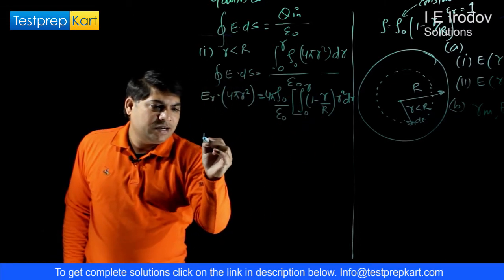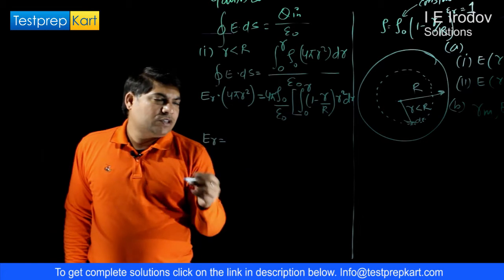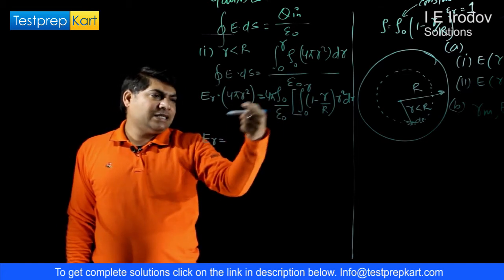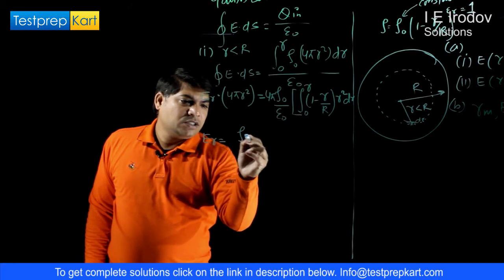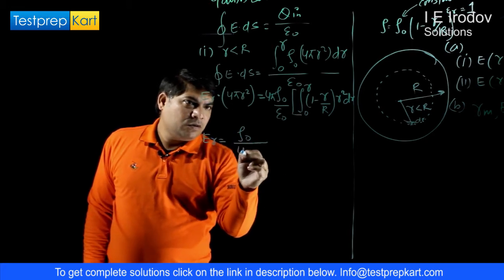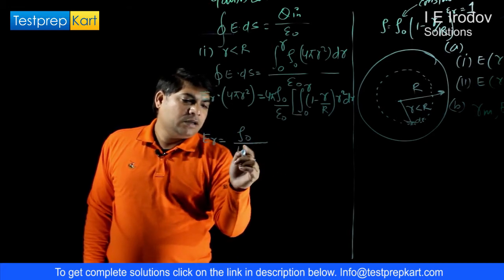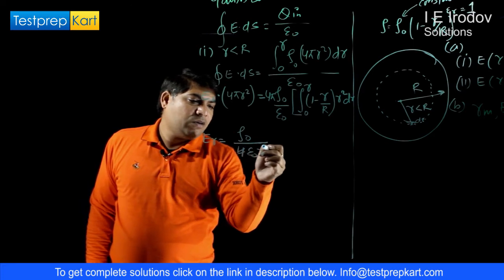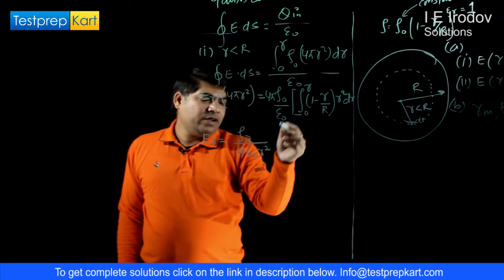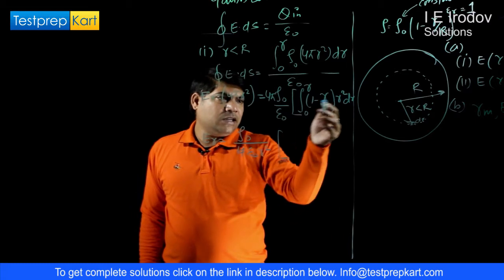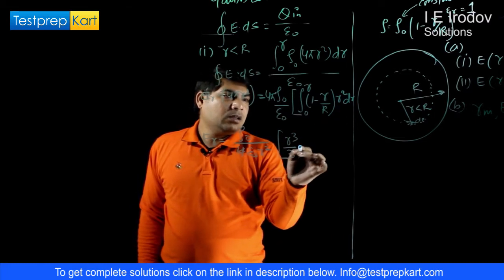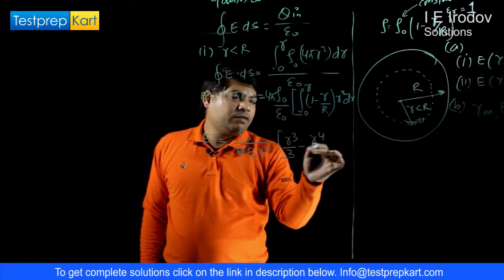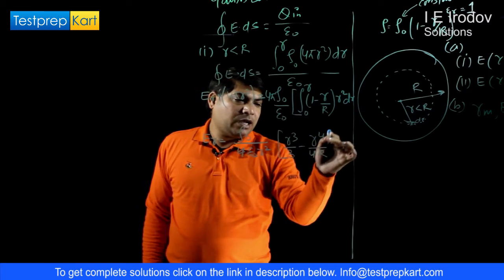So from here we get E, where 4 pi and 4 pi cancel on both sides, equal to rho naught upon epsilon naught r square, and in this integration we get r cube by 3 minus r to the power 4 by 4R.